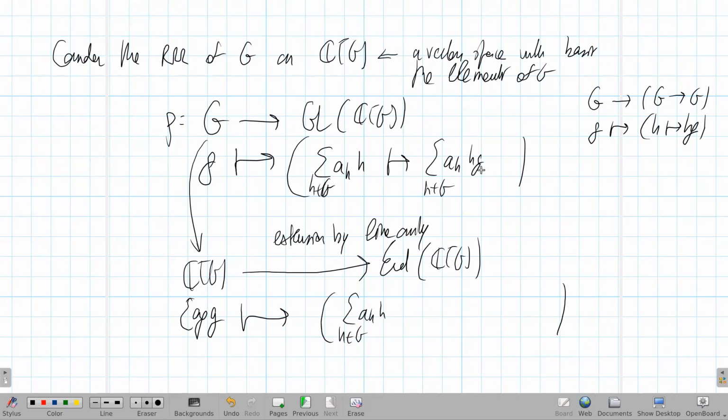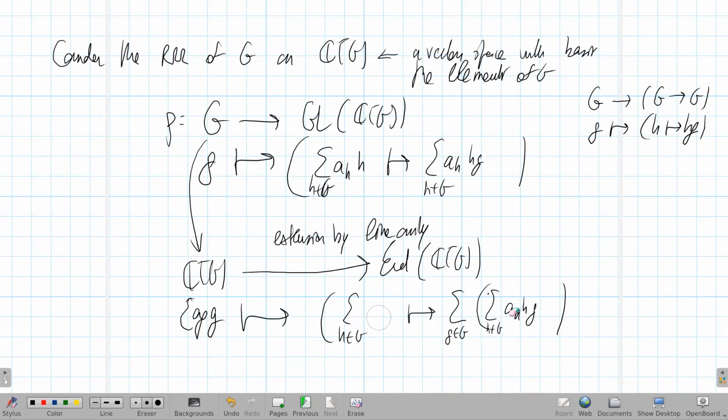To what? Well, to the sum over G in G of this. Well, just a second. No, I have to change the notation.